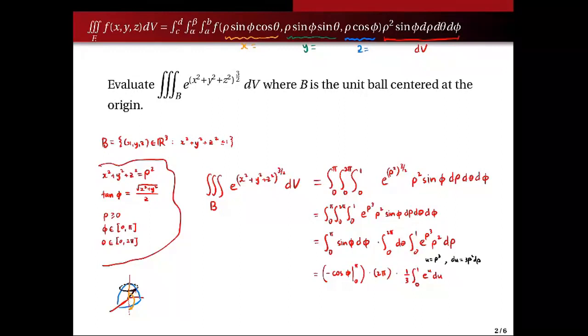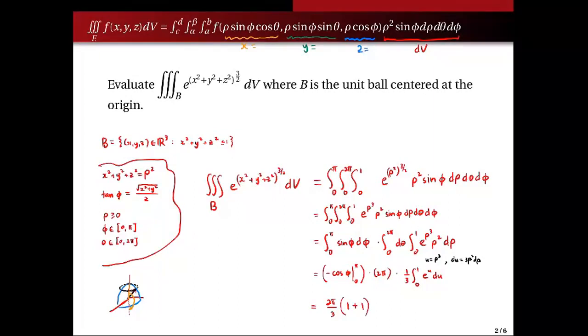Therefore, we evaluate this, we have 2 pi over 3 times, for this guy, negative cosine phi evaluated at pi, that's negative 1. So you will have 1 in here. And then minus negative, so this becomes plus cosine 0, that's 1.